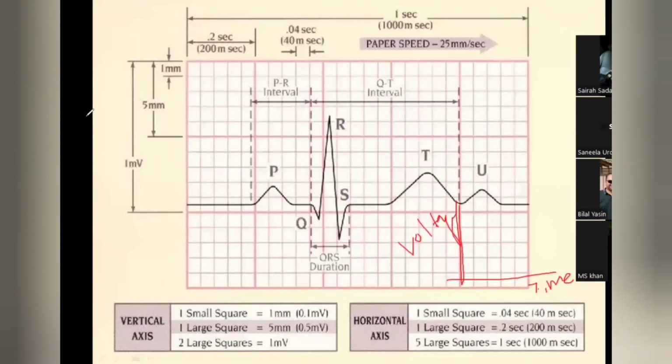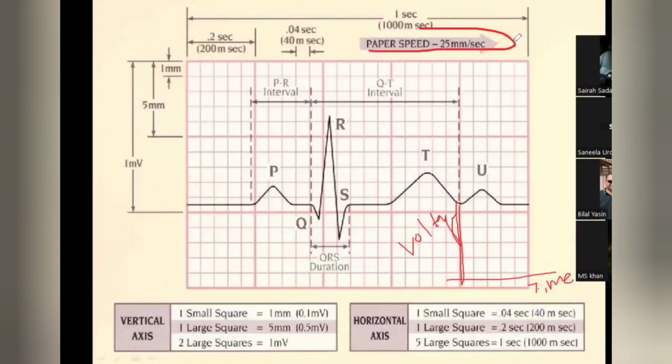As we take time on the horizontal axis, one small square will be equal to 0.04 second, and these 5 small squares, or one large square, will be equal to 0.2 second, and the 5 large squares will be equal to 1 second.